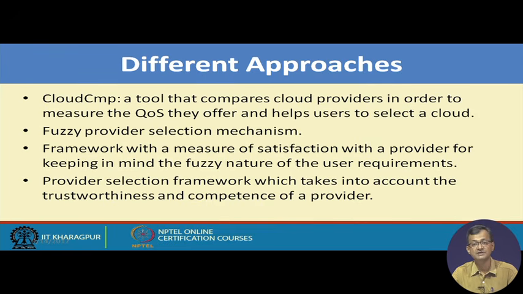That takes care of the fuzziness, which is well suited, because there is a lot of fuzziness in the description. There is a framework with a measure of satisfaction with a provider, keeping in mind the fuzzy nature of the user requirements. So, measure of satisfaction with a provider, how to calculate that, and based on this measure the consumer can take a call.